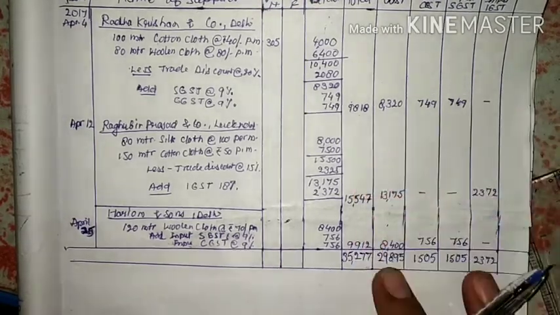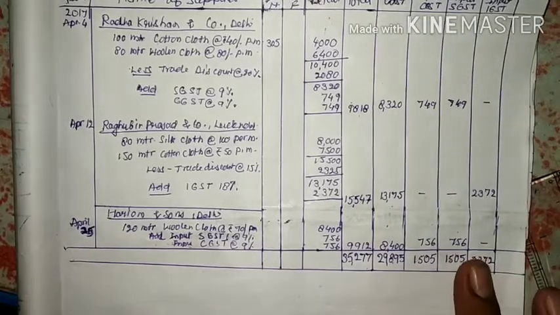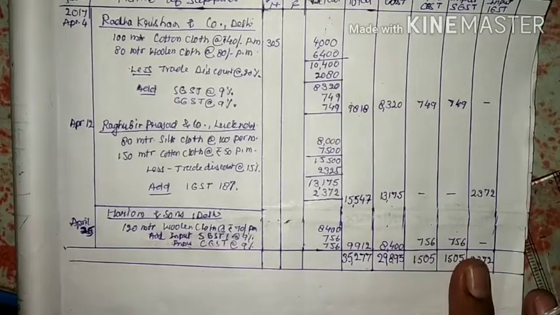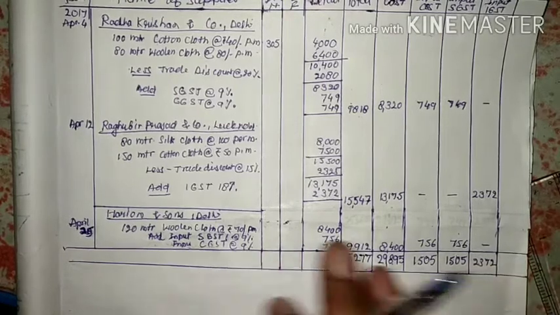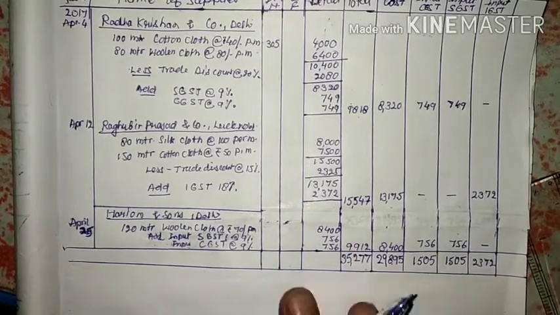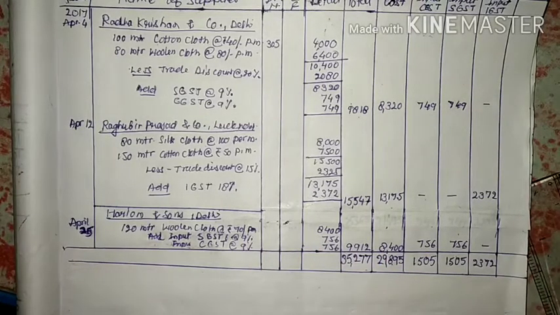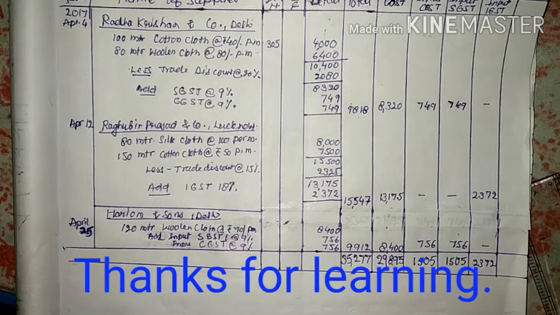Then we will total up the cost, input CGST, input IGST and input SGST. This is how it is made, and this one entry will go in the ledger account, the purchase account. Okay, so this way with this one entry, the purchase ledger account will be entered, and this way it won't become bulky. Okay, thank you.